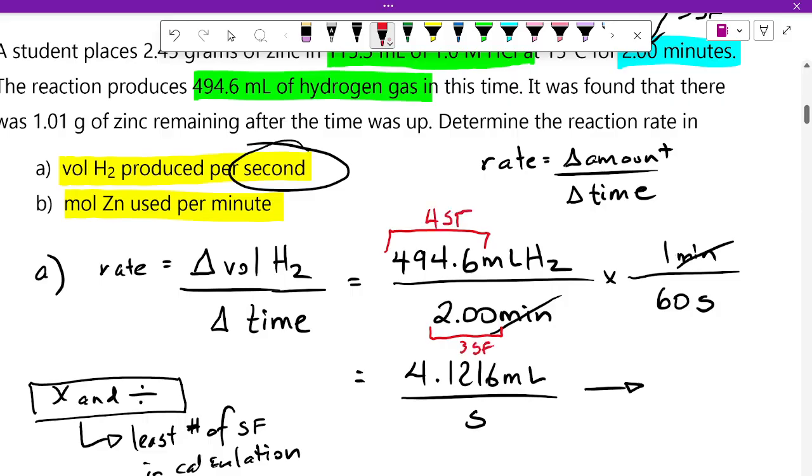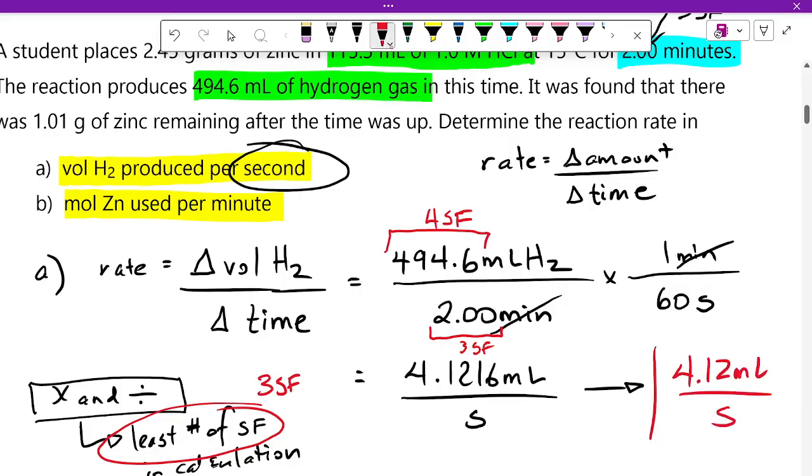So your answer should have 3 sig figs. When you're adding, you're going to go to the first uncertain digit. We'll talk more about that when we actually add something, okay? So I would then have to round this to 4.12 milliliters per second.